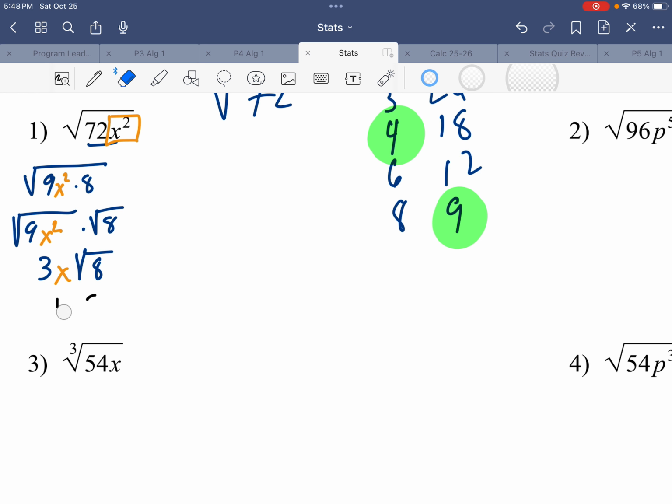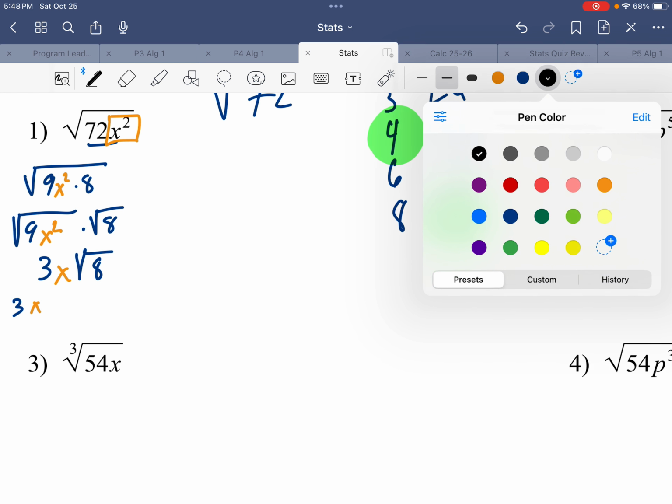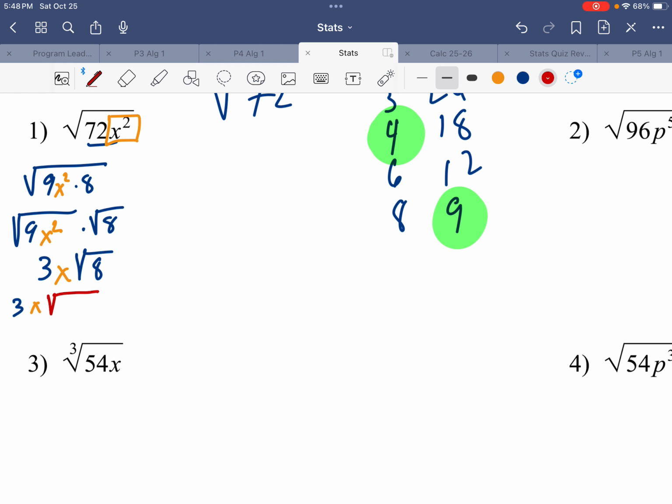So I can rewrite this like 3x, let's use a different color, of the square root of 4 times 2, or 3x times the square root of 4 times the square root of 2. Now the square root of 4 is 2, so this looks like 3x times 2 square root 2, or 6x square root 2.